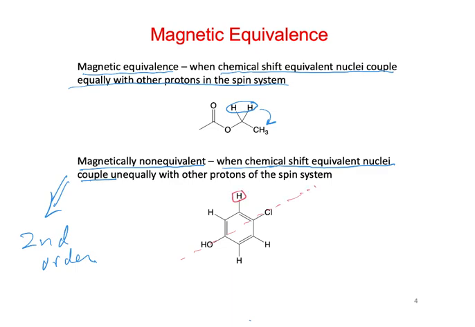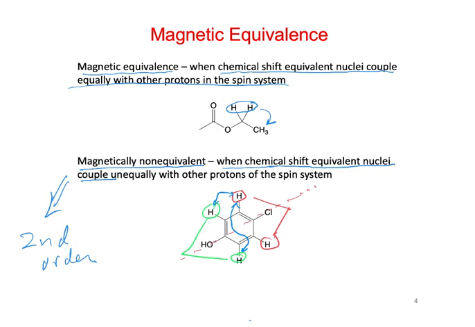And so these two and these two are chemical shift equivalent to each other. Okay? However, if we look at this red one, it's going to have one coupling to the green proton next to it, but it could have some small long-range coupling to the other proton in that same spin system, right?